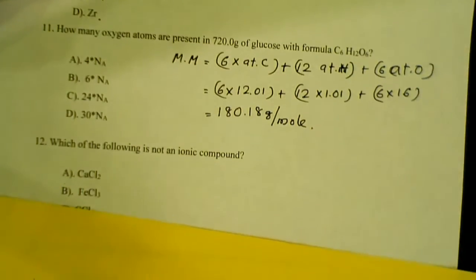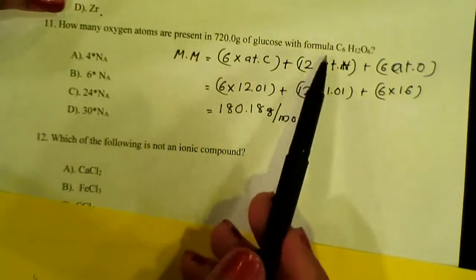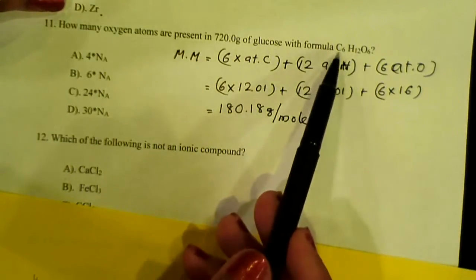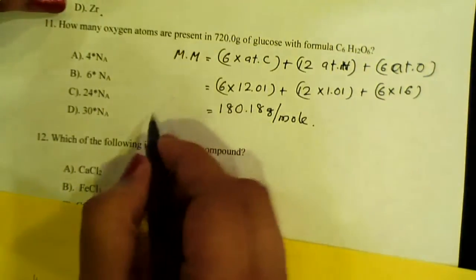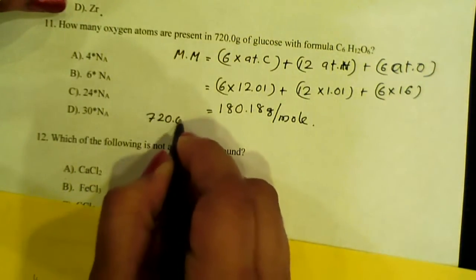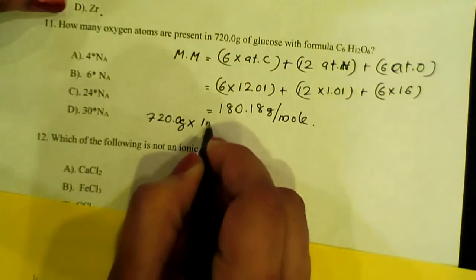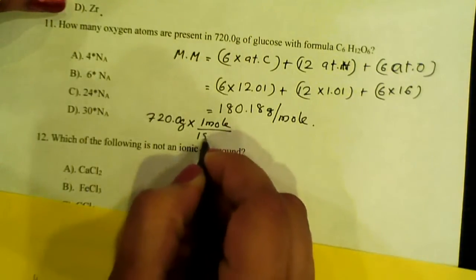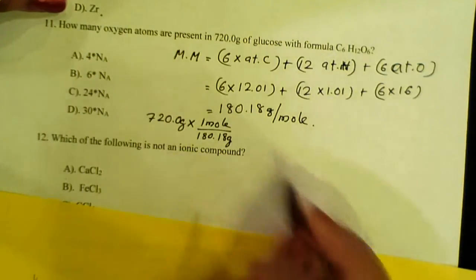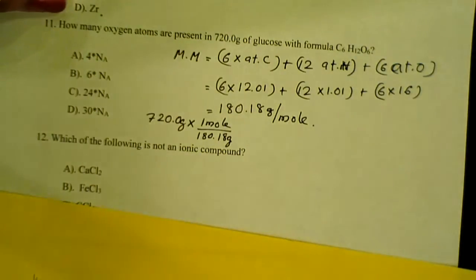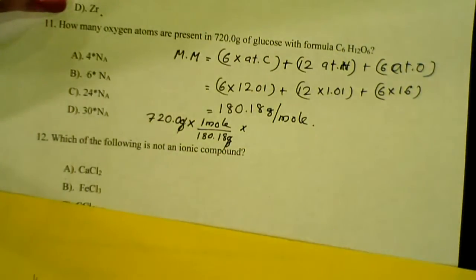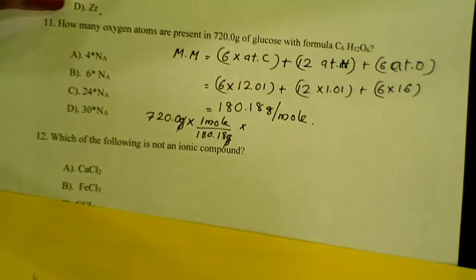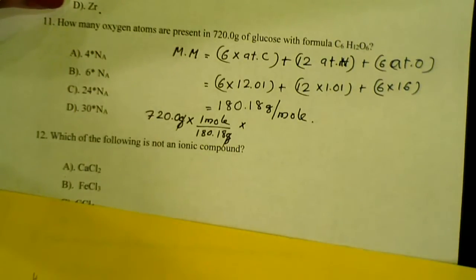Okay. And you have to figure out how many moles of glucose are there in this 720 grams. So 720 grams times 1 mole is equal to 180.18 grams. So you will get the number of moles of glucose, but it is asking for how many oxygen atoms are present.